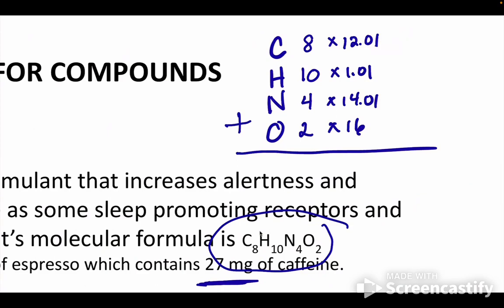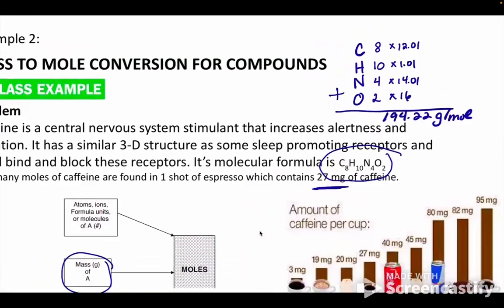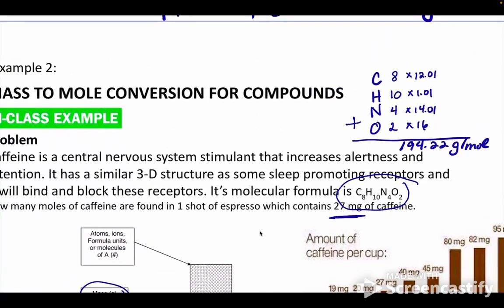I will do this with you if you want to try it with me. So I get a molar mass of 194.22 grams per mole. And remember, we can think of that as a conversion factor, an equality: 1 mole of caffeine has a mass of 194.22 grams.